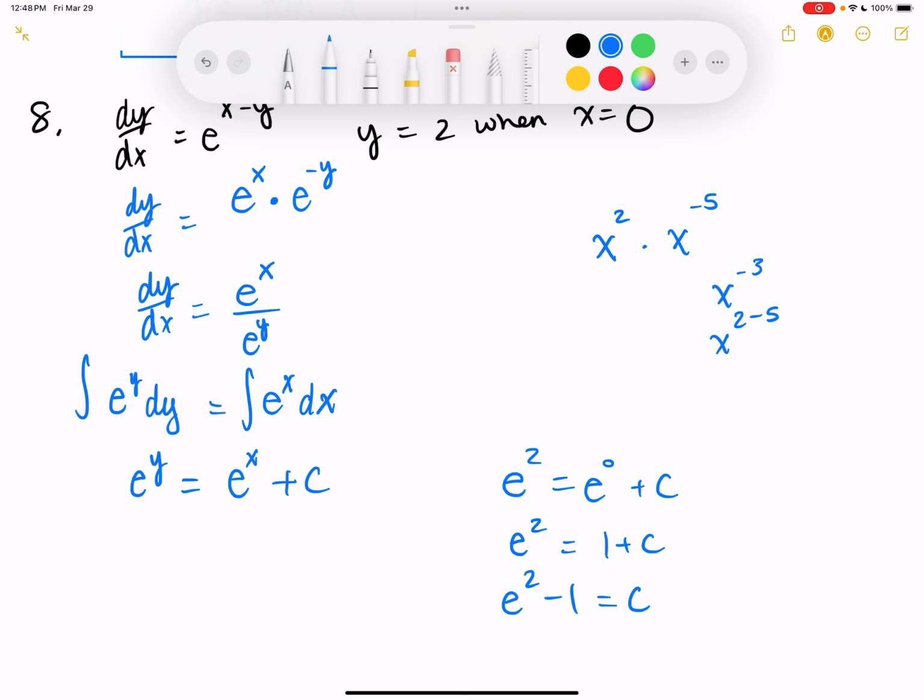But the book will just leave it this way. Or 6.38, so yeah. The book will just leave it like that when they replace it, and then end up with e to the y is equal to e to the x plus e squared minus 1.